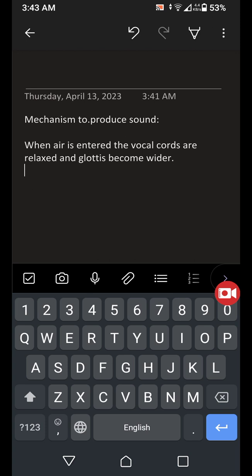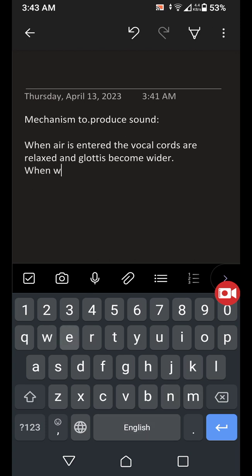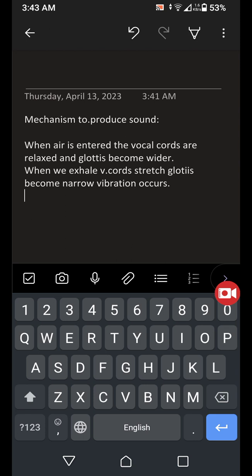But when we exhale the air, when we exhale and move out the air, the vocal cords get stretched, and the glottis becomes narrow, and the vibration occurs, and that's how the sound is produced.